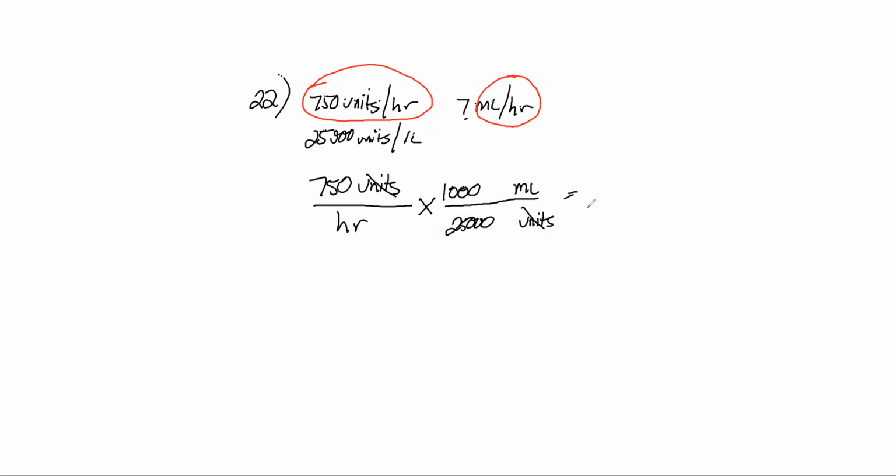If I was going to do the ordered over have, I would do the 750 units per hour divided by the 25,000 units times the 1,000 milliliters. If you do that, you'll also come up with the same answer.